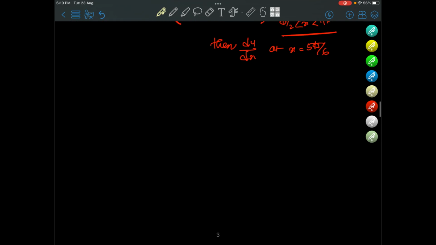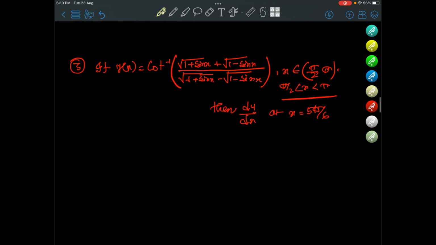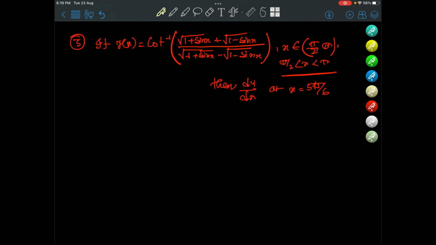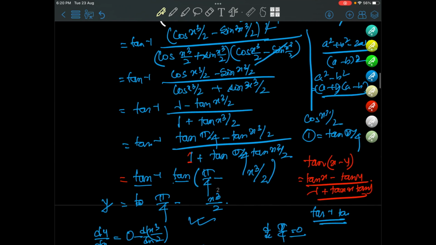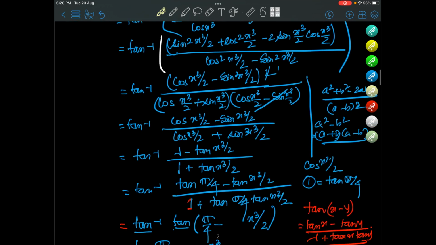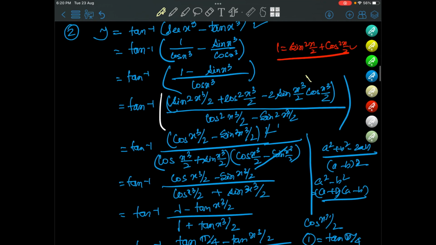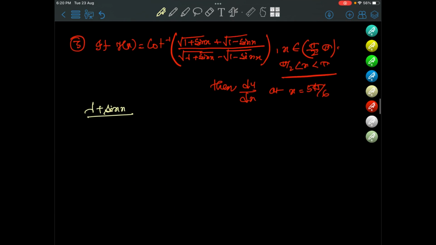Now let's start the problem solving. Now we have to apply the trigonometrical tricks. What are the trigonometrical tricks? The same way I have applied in the first problem. In the first problem we applied a plus b the whole square and a minus b the whole square. Here we are going to apply the same thing. We will turn these expressions into a plus b whole square and a minus b whole square.